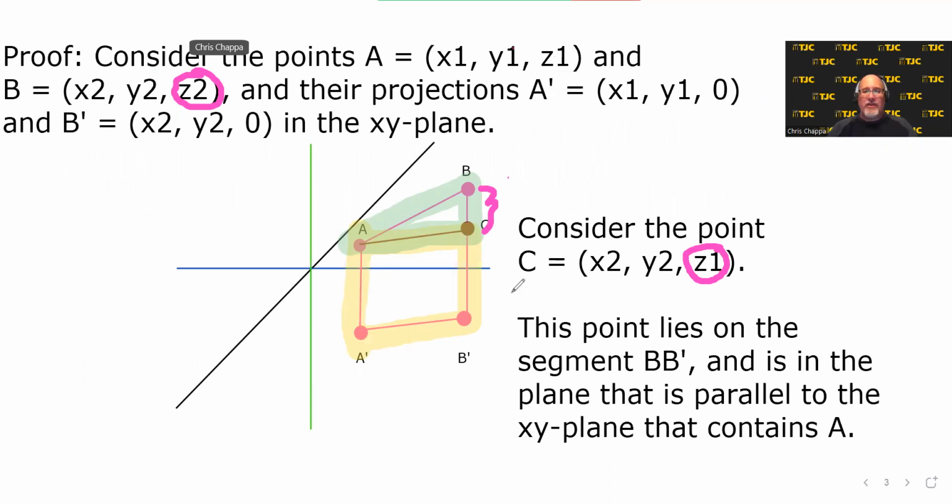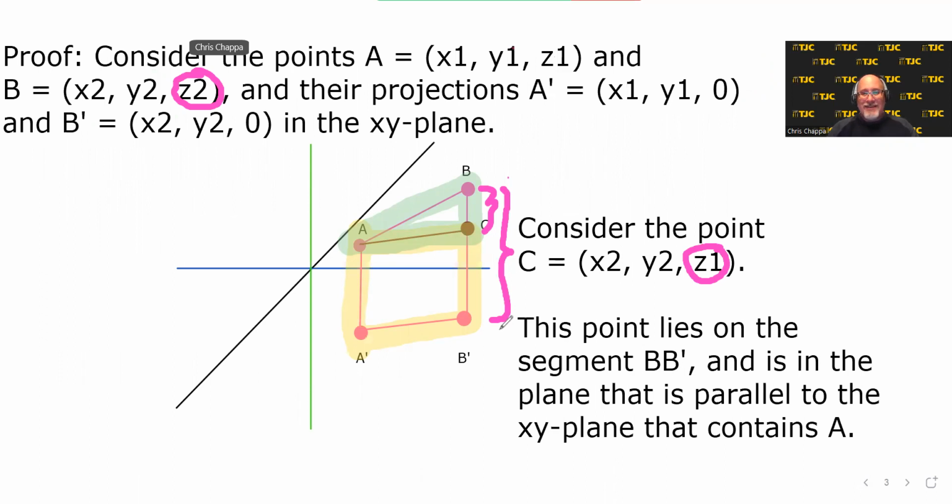Now, why would that be the case? Well, because segment CB is part of segment B prime B, and we know B prime B is perpendicular to the XY plane because it's the projection.